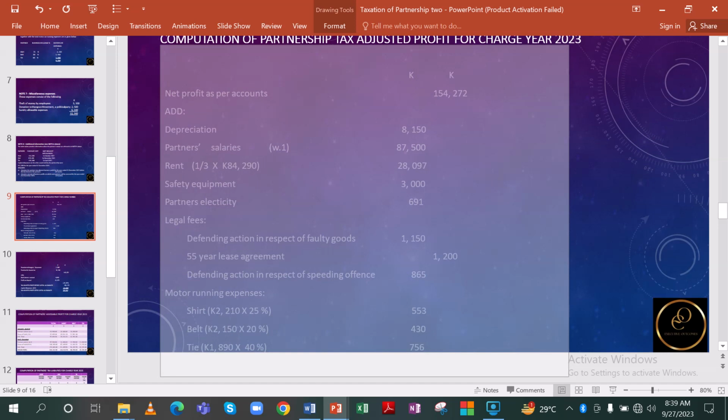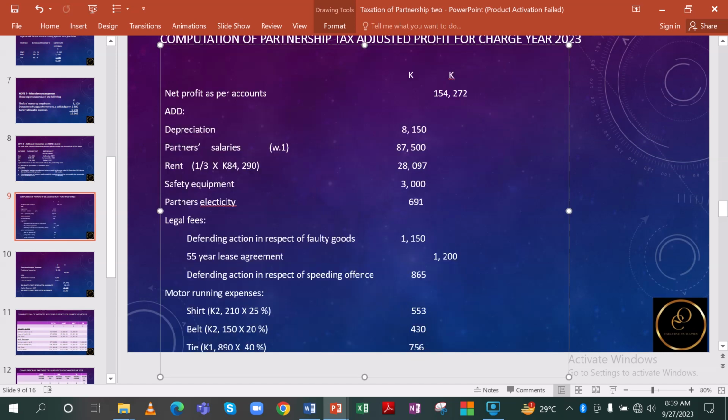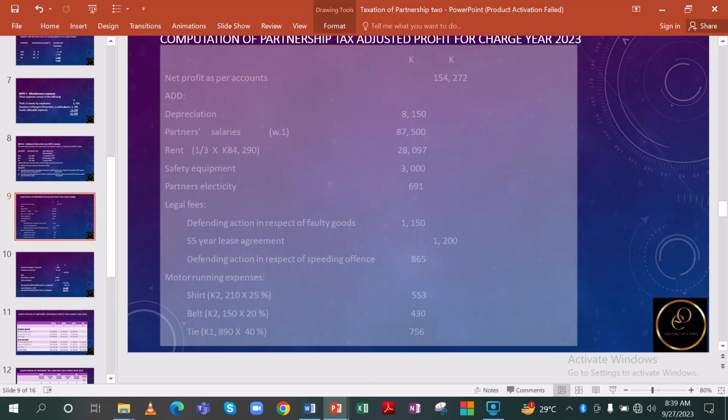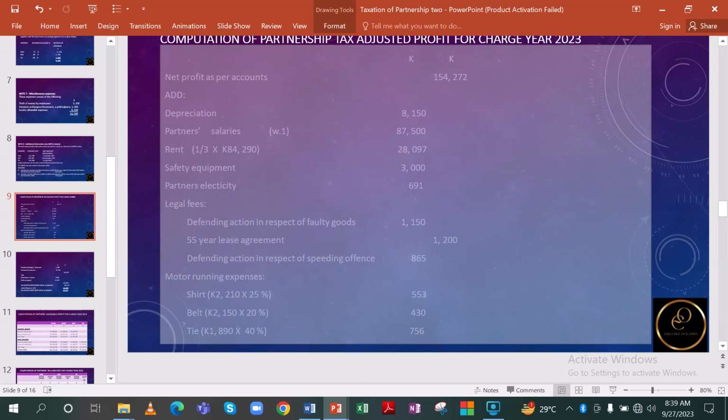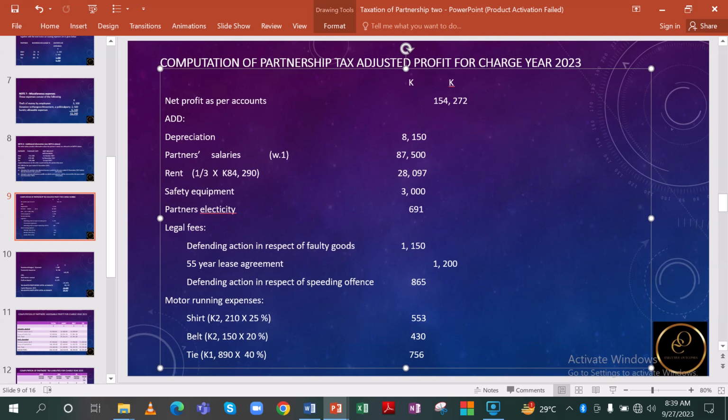Okay, wonderful. So here we have Ty, of the 1,890, 40% is non-business and you add back. These are motor running expenses which are non-business, they are private, so we add back.